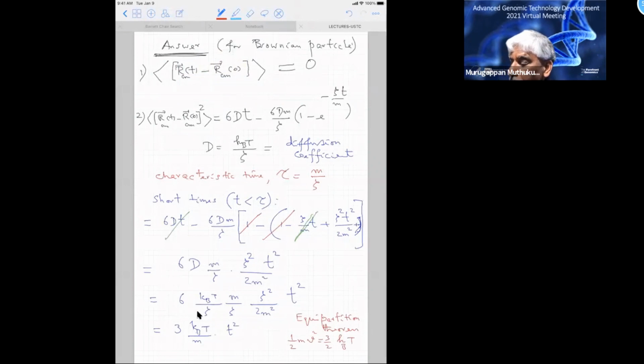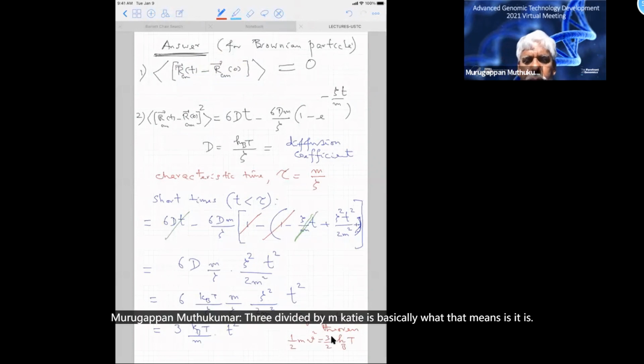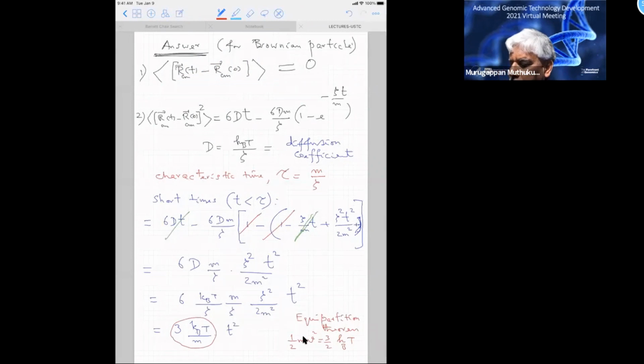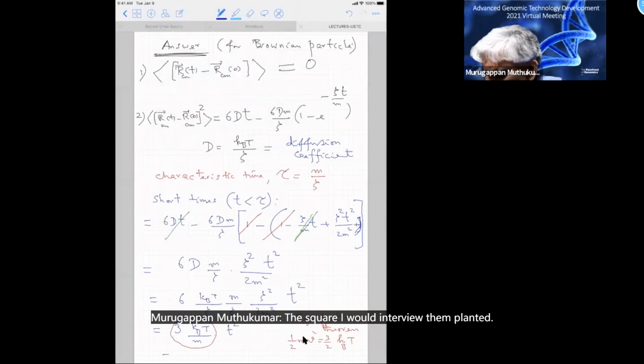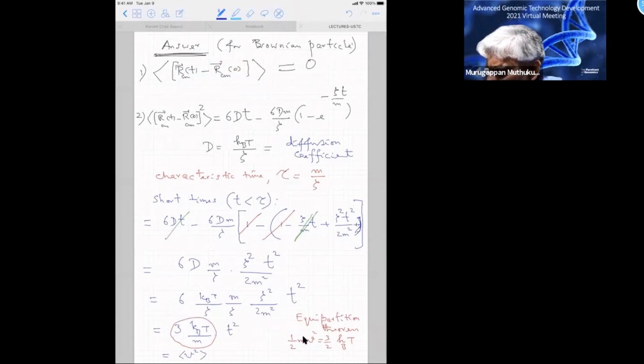We know that. Therefore, 3 kT divided by m is v square. So that means this is equal to the average v square in equilibrium times t square.